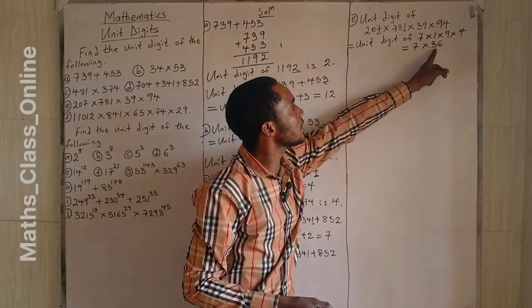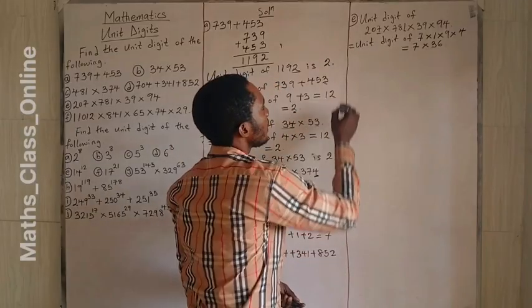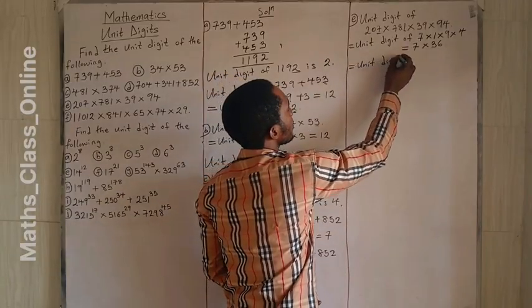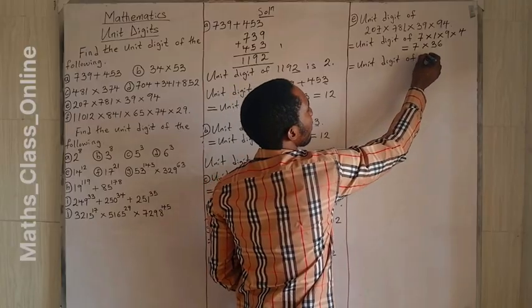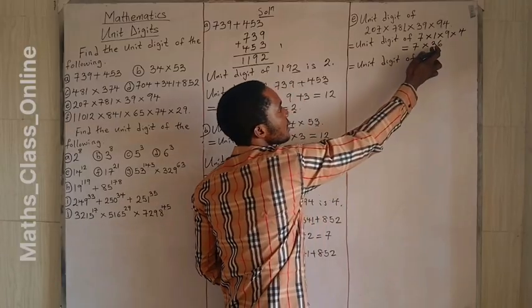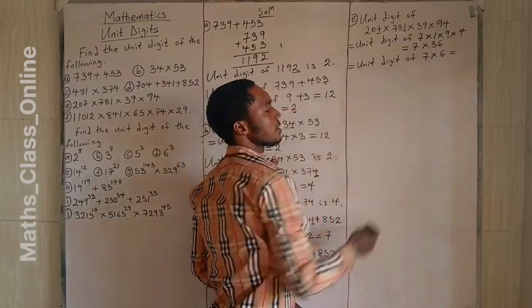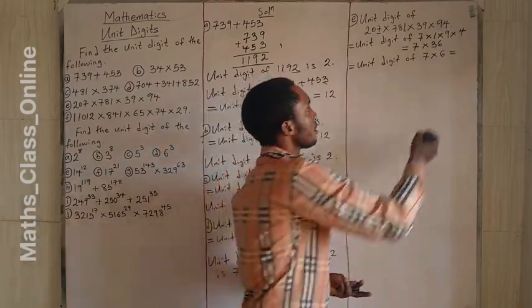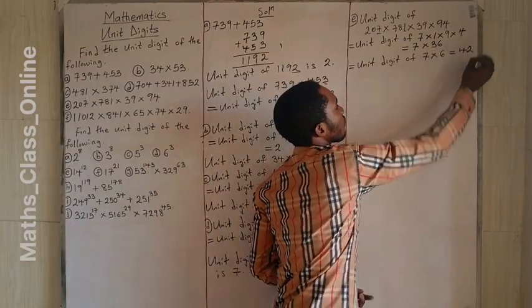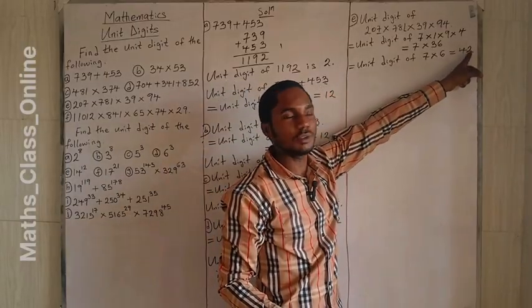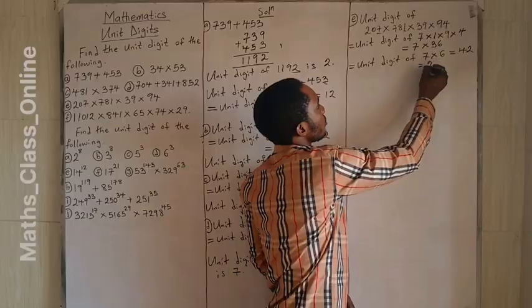I can still take the unit digit of 36, and this is still the same thing as the unit digit of 7 times, what is the unit digit of 36? That is 6. 7 times 6 will give us 42. Now, what is the unit digit of 42? The unit digit of 42 is 2.